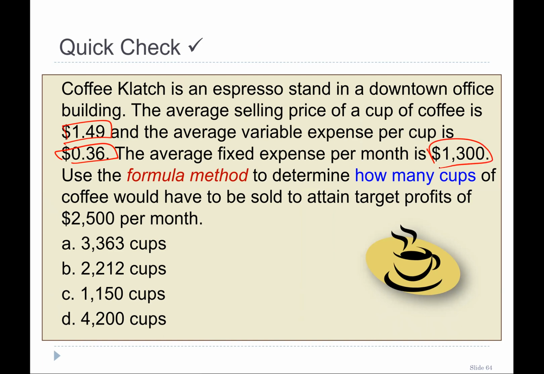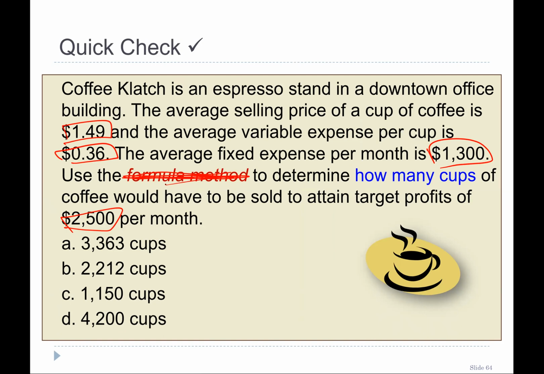Use the formula method to determine how many cups of coffee would have to be sold to attain a target profit of 2,500. Use either method, whatever you can memorize or makes sense to you.